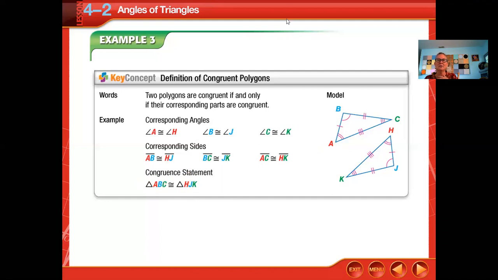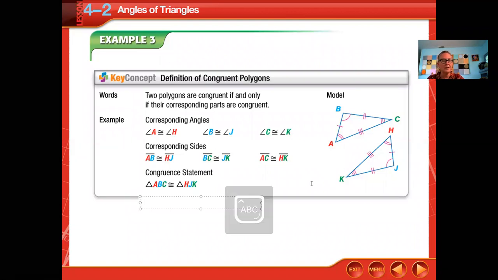Another way I could have named this triangle, I don't have a triangle symbol on my keyboard. If I would have called the first triangle BCA, and I also don't have a congruent symbol, I'm going to write "is congruent to triangle." I'm going to leave a space. I'm going to draw a triangle symbol in there.